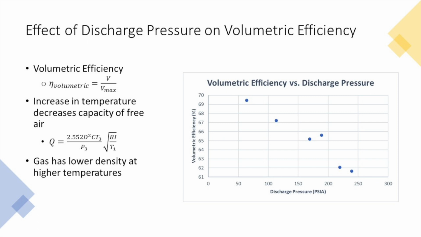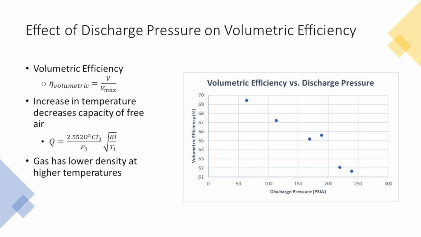Next, we'll talk about the effect of discharge pressure on volumetric efficiency. We can see the general trend is that as we increase discharge pressure, volumetric efficiency decreases. So what volumetric efficiency actually means is the amount of air the piston is actually pushing out of the cylinder versus the maximum air it can push out.